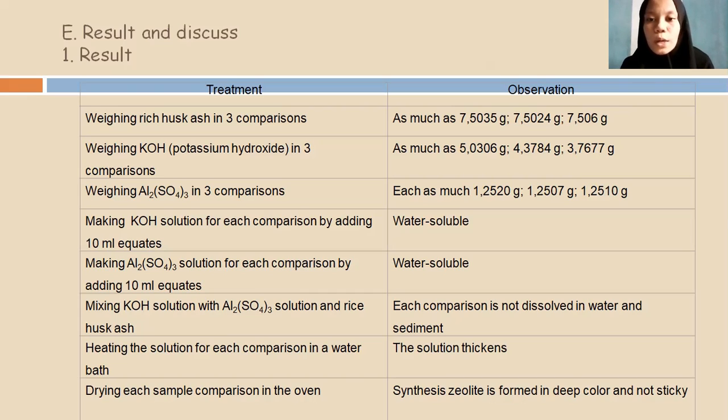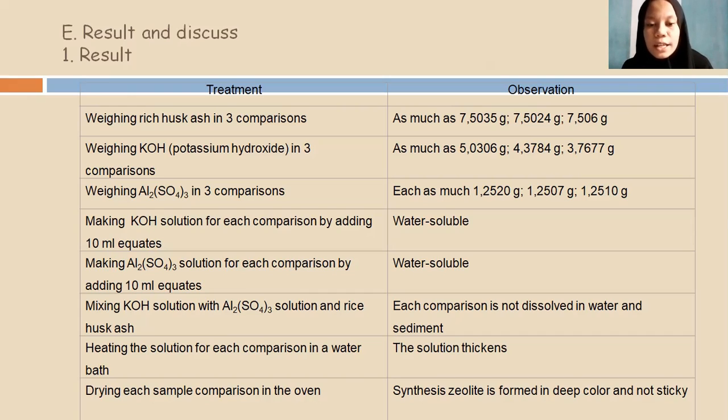Making the KOH solution for each comparison by adding 10 ml aquades. Making the Al2SO4 solution for each comparison by adding 10 ml aquades. Mixing the KOH solution with the Al2SO4 solution and rice husk ash for each comparison; it is not dissolved in water and forms sediment.